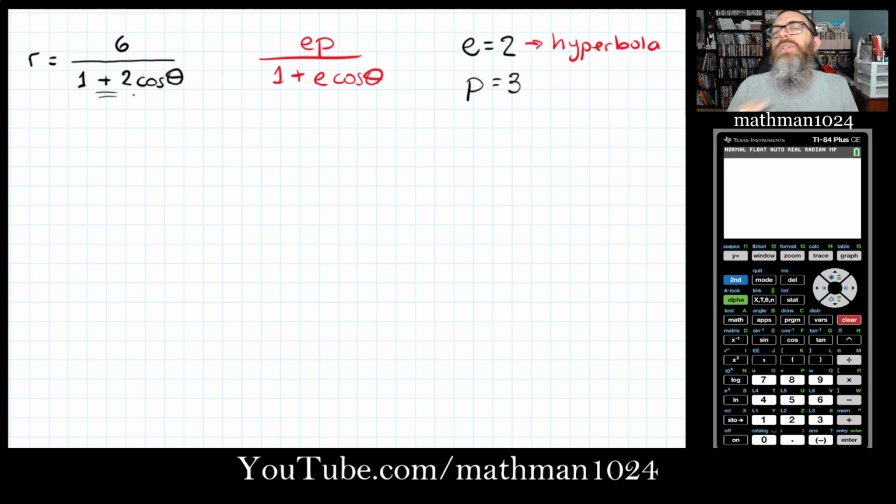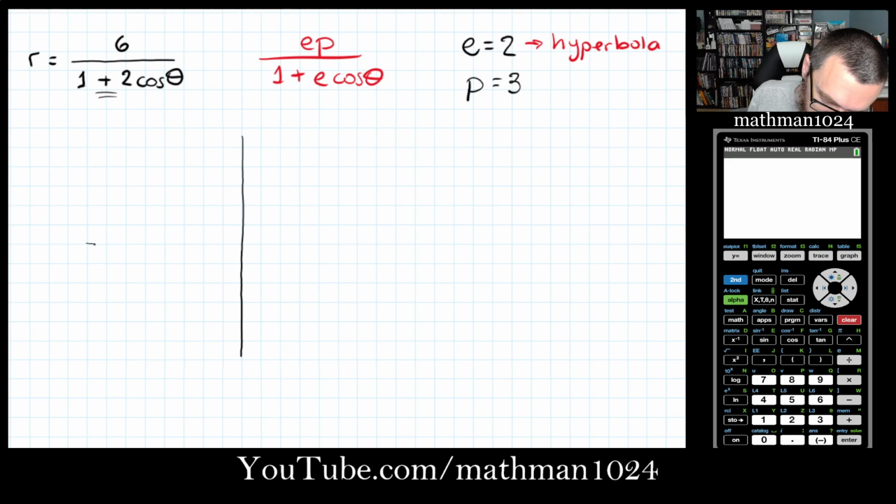So your directrix is not going to be the guy that's going through your 2 foci, right? So let's start plotting this and try to get an idea about what's going on. So I got the graphing grid right here, so let's see what we can do. So we're going to be shifting 3 units to the right.